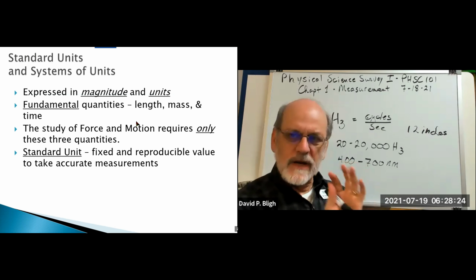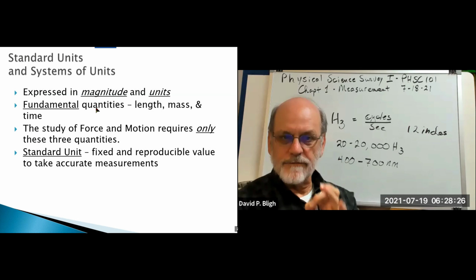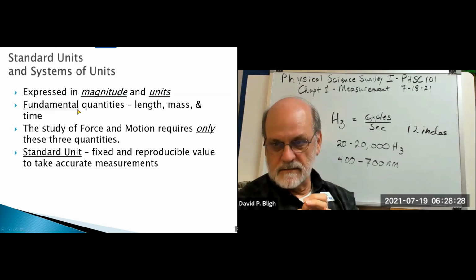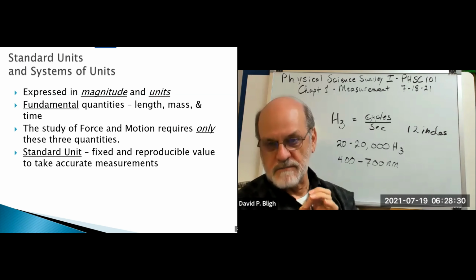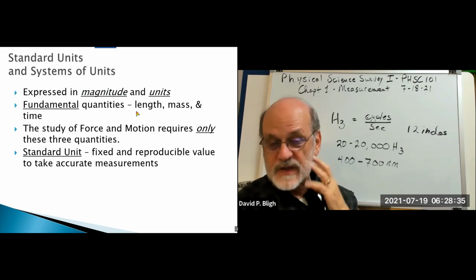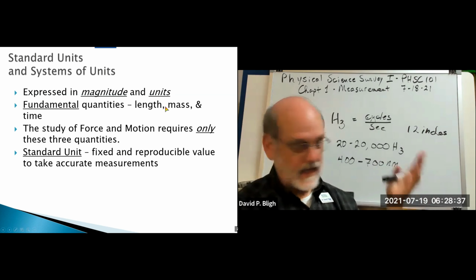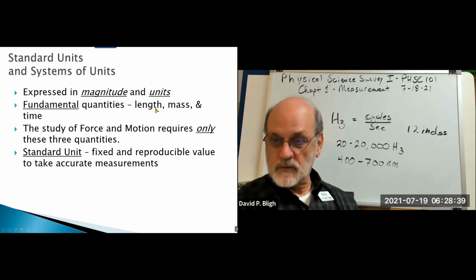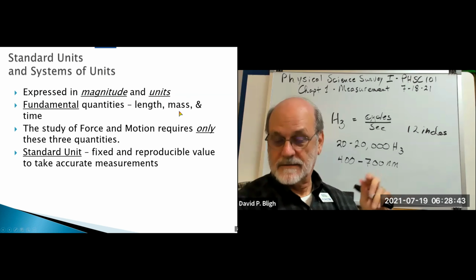Now these agreed upon standards are known as fundamental quantities. These are fundamental units of measure. And 3 possibilities are length, like inches. In the metric system, it would be meters. Mass, right? In the metric system, that's kilograms.